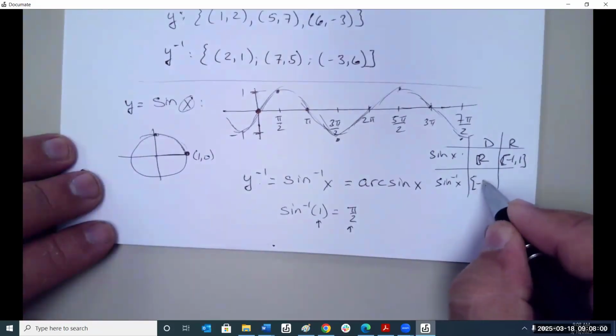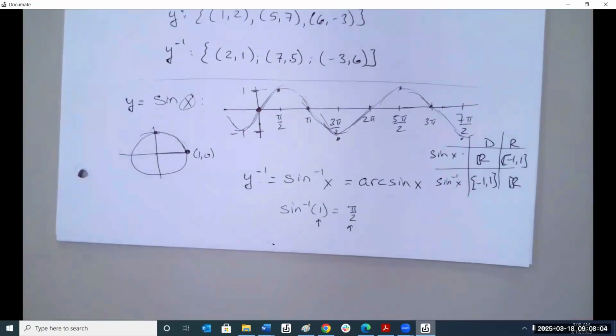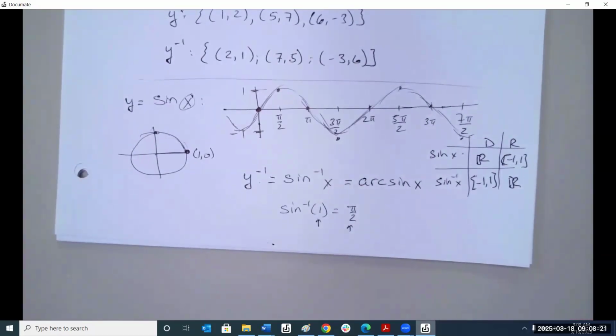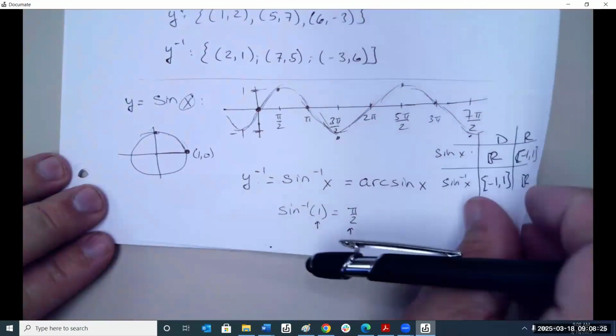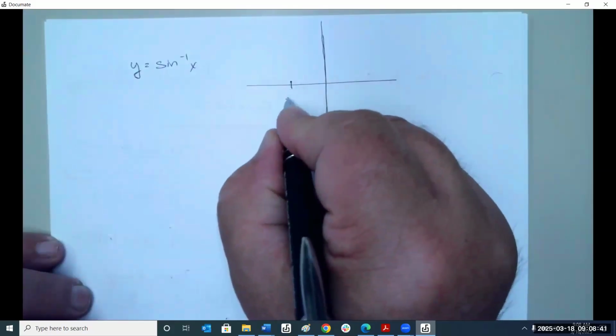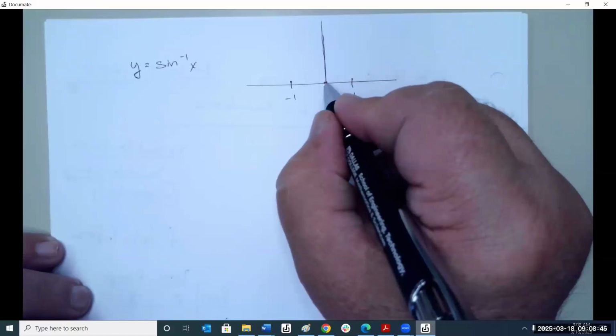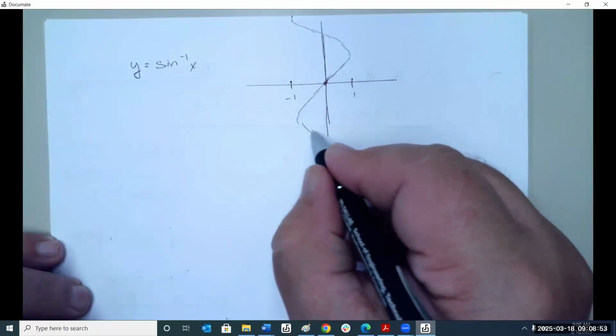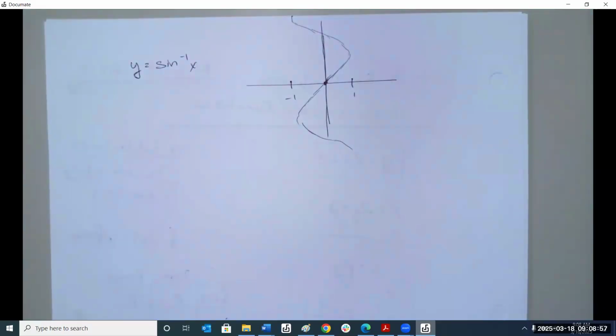So for the inverse, we have to switch. The graph of the inverse of sine on the x-axis goes from -1 to 1, and it goes up and down. That's what the arc sine is going to look like.